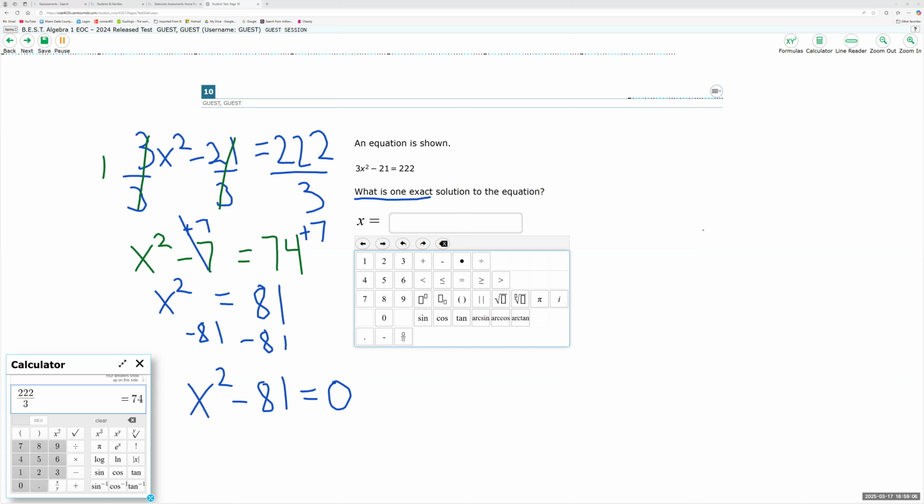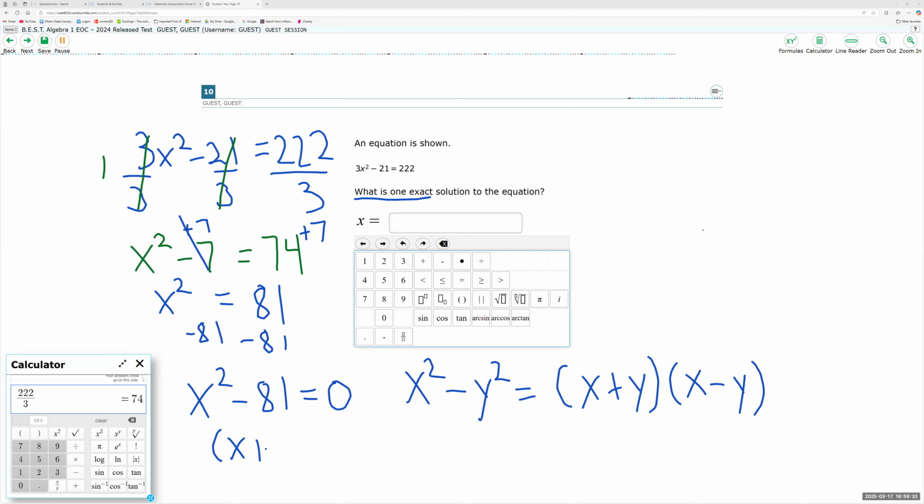This is difference of squares, where it tells you that x squared minus y squared is the same as x plus y times x minus y. So we take the square root of each number or letter, and we multiply the sum times the difference. So in this case, the square root of x squared is x. So this is going to be x plus times x minus.